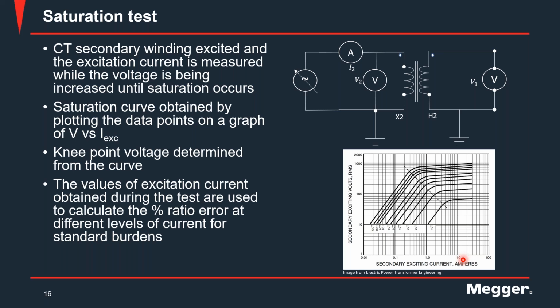So 10 amps actually corresponds to the secondary terminal voltage, which is, for a C400 CT, let's say 400 volts. So if this is 400 volts, I mean, it's a different number on the graph here, but if this is 400 volts, I would expect the knee point voltage to be somewhere lower than 400 volts. Not too low, but a value which is a little bit less than 400 volts.